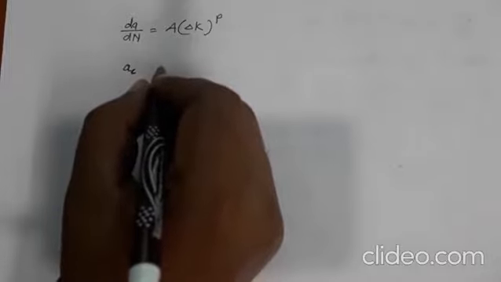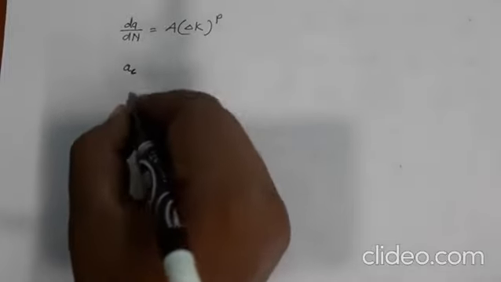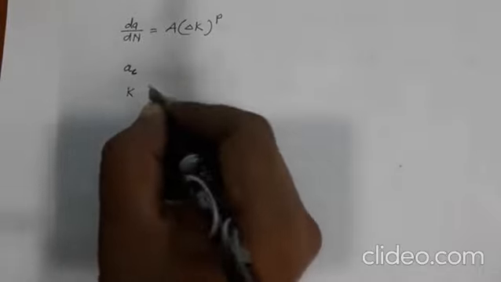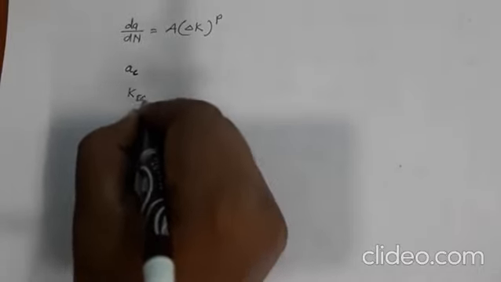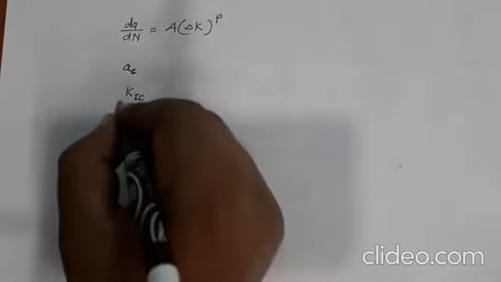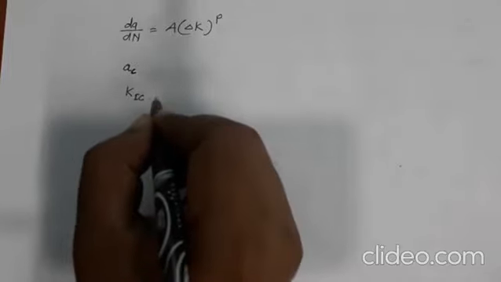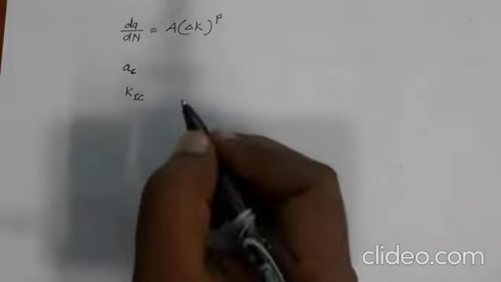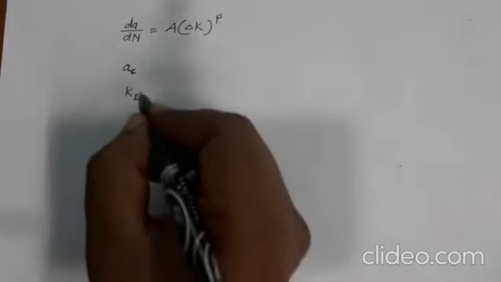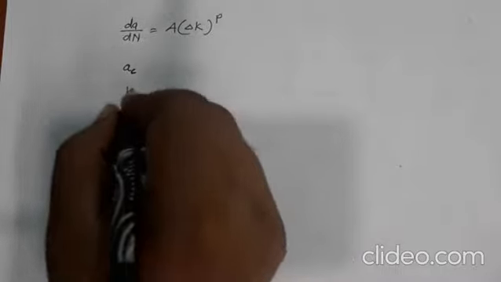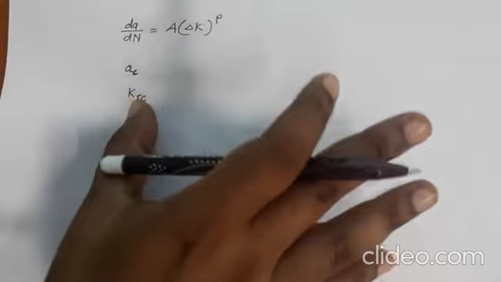Once that has been applied, the material will simply break, and that value we know is the fracture toughness of the material. If we are dealing in mode 1, I will write K1C. If we do not know what mode it is, we can just write Kc. Depending upon the mode, it will be K1C, K2C, K3C, or it can be a mixed mode. But to make it simple, we will deal with mode 1.